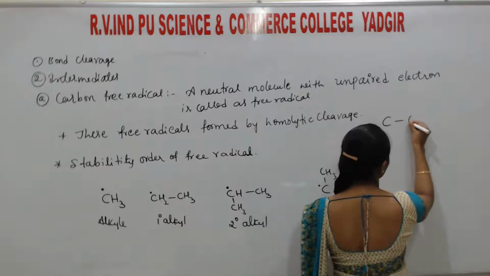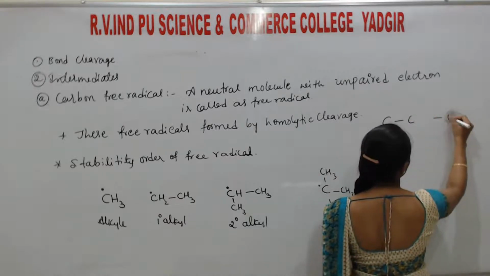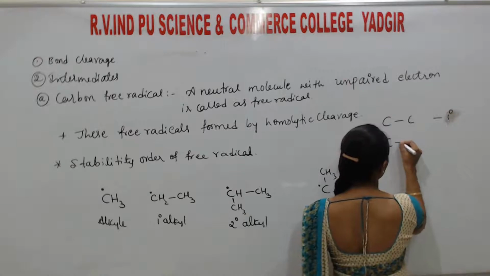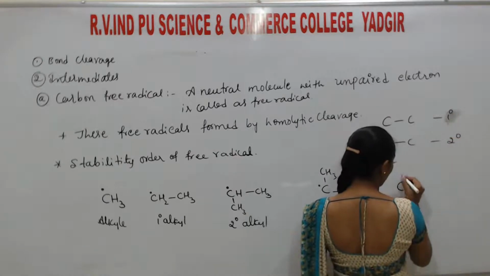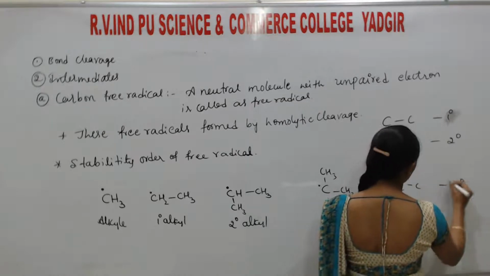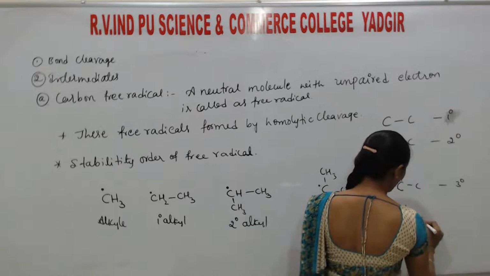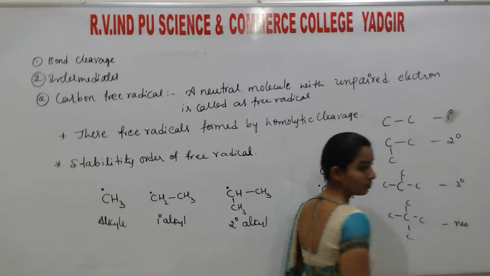Carbon bonded to one carbon, primary. Carbon bonded to two carbon, then it is secondary. Carbon bonded to three carbon, then it is tertiary. If the carbon is bonded to four carbon, then it is neo.